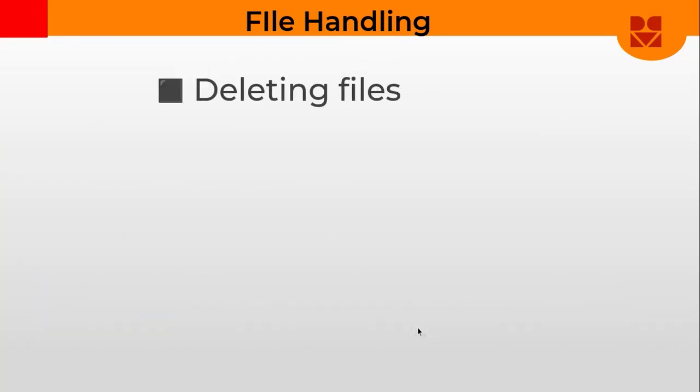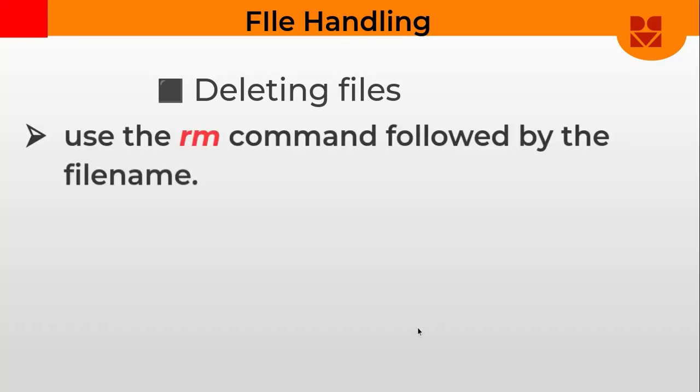Okay, now we are done editing. But there are still some files that we don't want and we want to delete them. How do we deal with that? How do we delete these files? In order to delete these files, you can use the rm command, that's the remove command, followed by the file name.